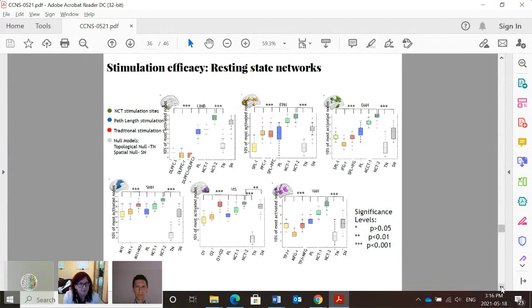Otherwise, they were performing the worst out of these methods. Even a simple path-based approach seems to elevate how much of the subnetworks we're able to activate compared to what's found in the literature. And network control theory, of course, is always performing the best. And similar results for spatial and topological null models. Okay, next slide.